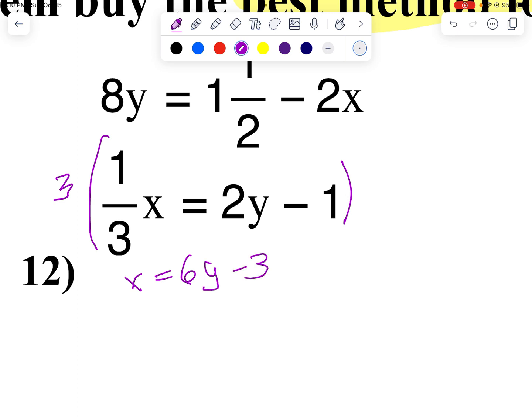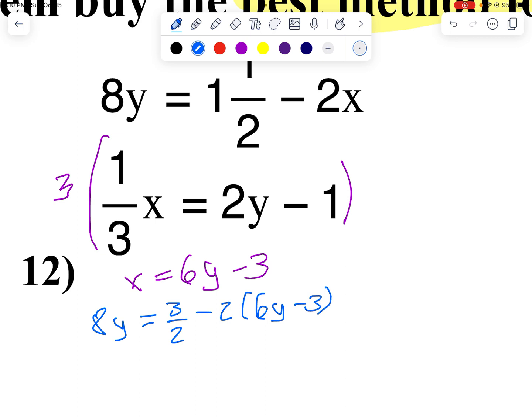Well, that works out nice for substitution. So in my first equation, I'm going to say 8y equals 1 1/2. I think I'm going to write that as 3 halves, although you could write it as 1 1/2 if you want. It's not going to matter. Minus 2 times 6y minus 3.